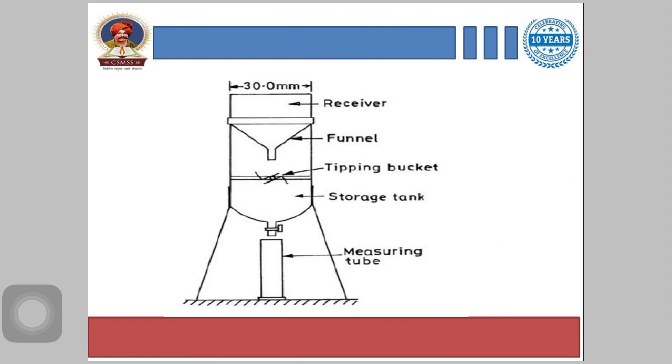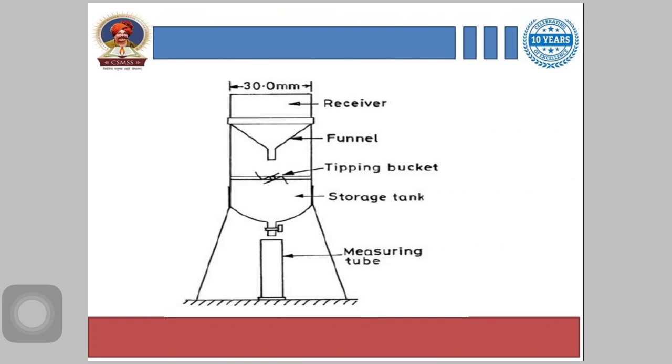In this case no graph paper is required, and the total rainfall determined from the records at the end of the day can also be checked and verified by measuring the rainwater collected in the storage tank. This rainwater collected in the storage tank is measured with the help of a graduated measuring tube.